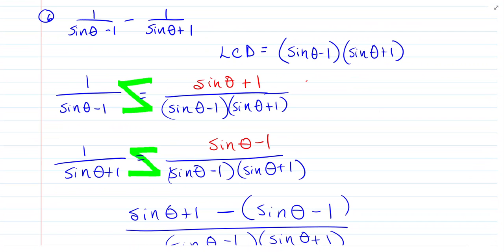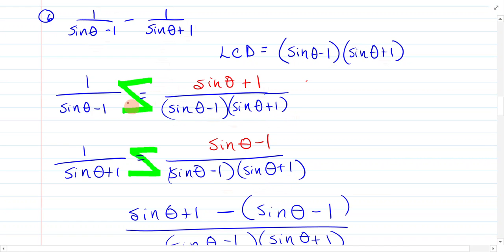This one has 1 over sine theta minus 1 minus 1 over sine theta plus 1. You need an LCD to subtract these two fractions. The lowest common denominator is the 2 multiplied together. So what you have to do is take each of these fractions and change them into a fraction that has a denominator with both.